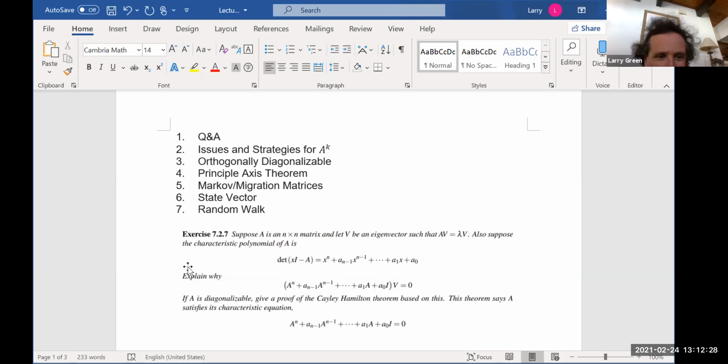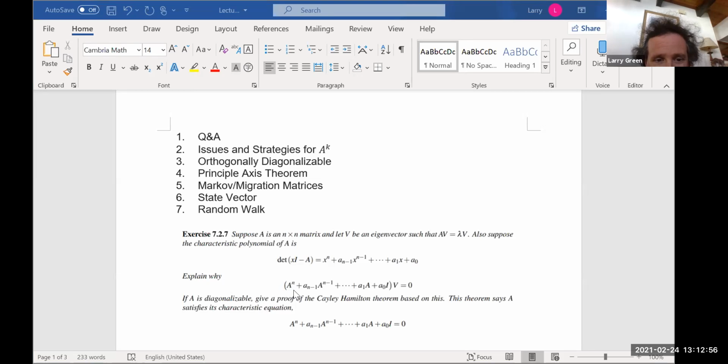Okay, so here's number 7. This is the one you want, right? So suppose that A is an n by n matrix. What a surprise. And let V be an eigenvector such that AV equals lambda V. Also suppose the characteristic polynomial of A is determinant of xI minus A equals this beautiful polynomial, so using x instead of lambda.